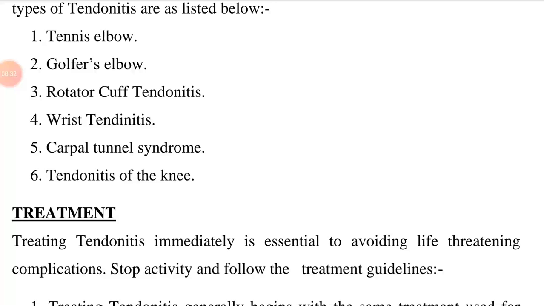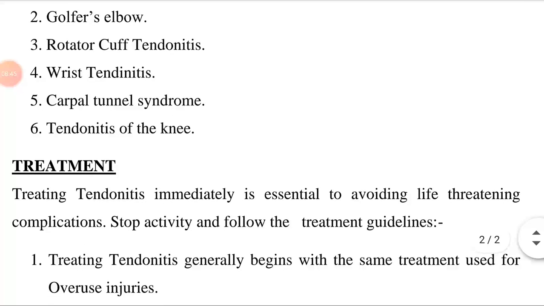Golfer's elbow is a condition that causes pain on the inner side of the elbow. Rotator cuff tendonitis involves a group of muscles and tendons that surround the shoulder joint. Wrist tendinitis means swelling of the tissues connecting muscles to bone in the wrist.